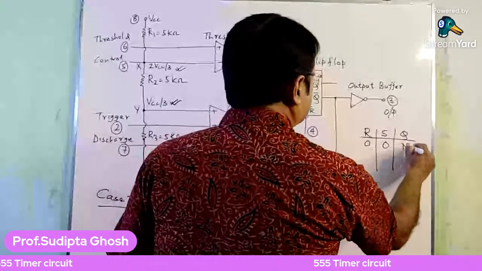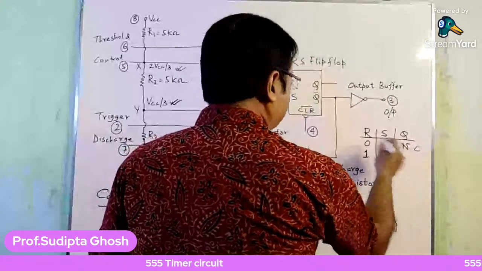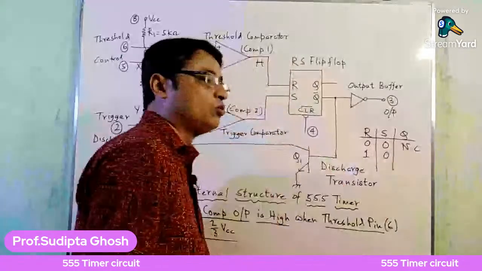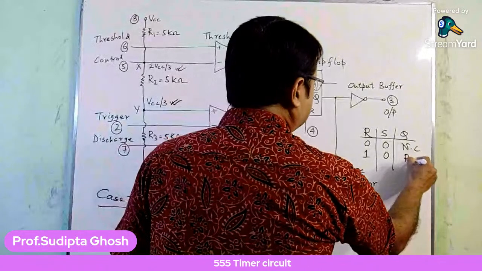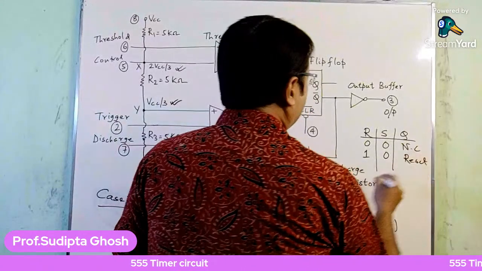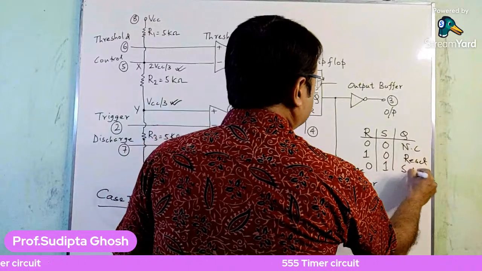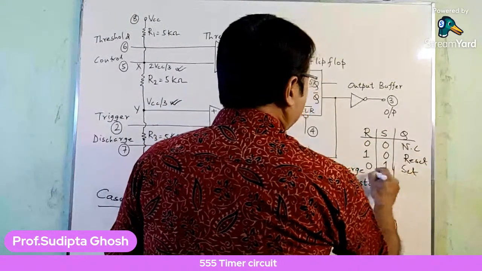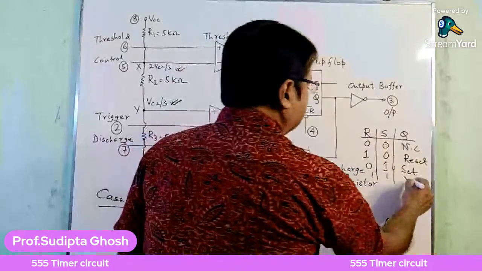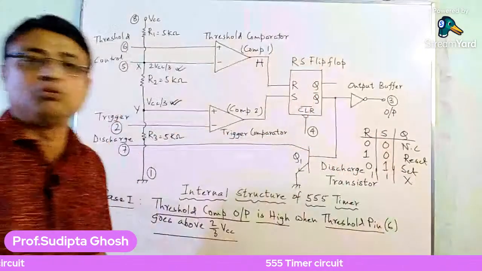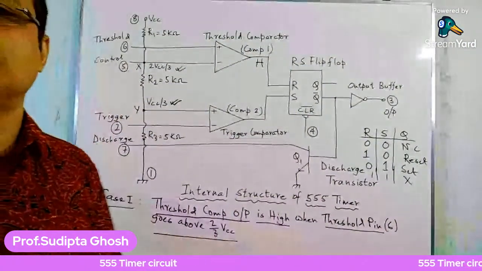This is known as the no change state. When R equals 1 and S equals 0, when reset equals 1, the output will be low, or the reset state. For S equals 1 and R equals 0, it is in the set state. And for an SR flip-flop, when both the inputs are high, that is an undesirable output, so I am not going to discuss it here.